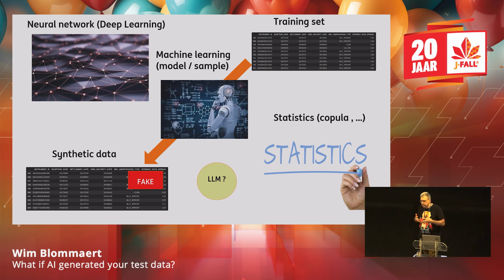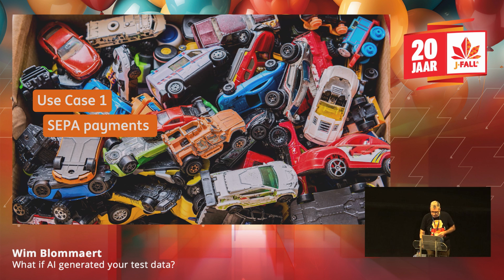But it's still a bit in the state of research papers and some example code. It's interesting, we have to look into it. But for the moment, no real clear view whether that is actually going to help us. But yeah, we are still looking into it. Now I will go through two examples.